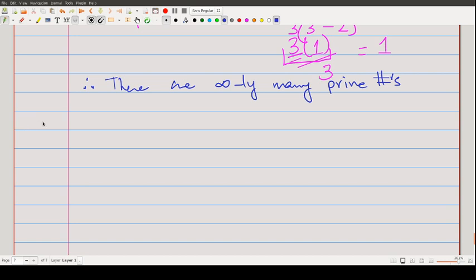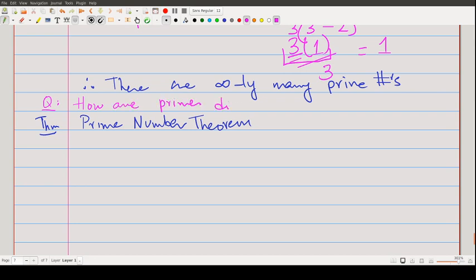Okay, next thing we have is a theorem, which is the prime number theorem. And the prime number theorem answers a question, and the question is, how are primes distributed along the number line?